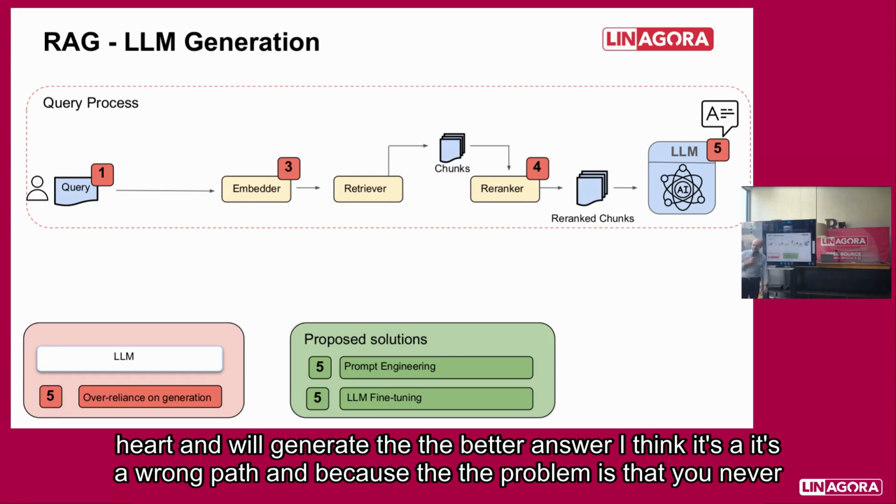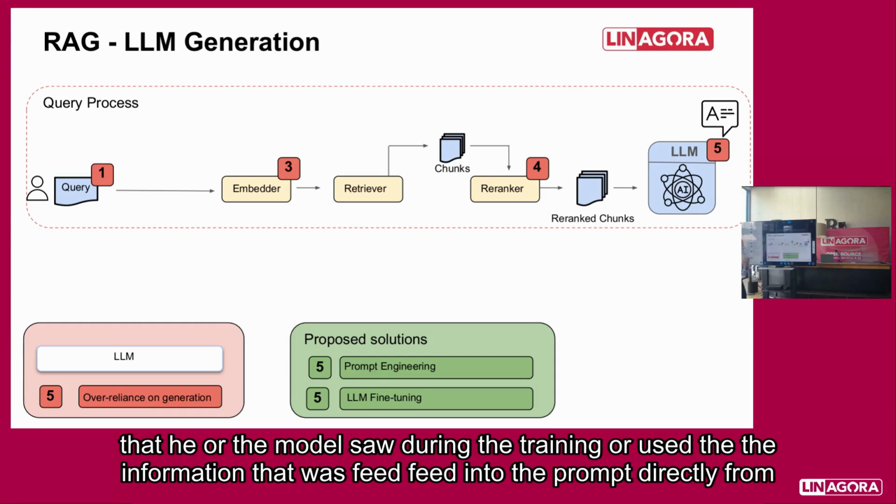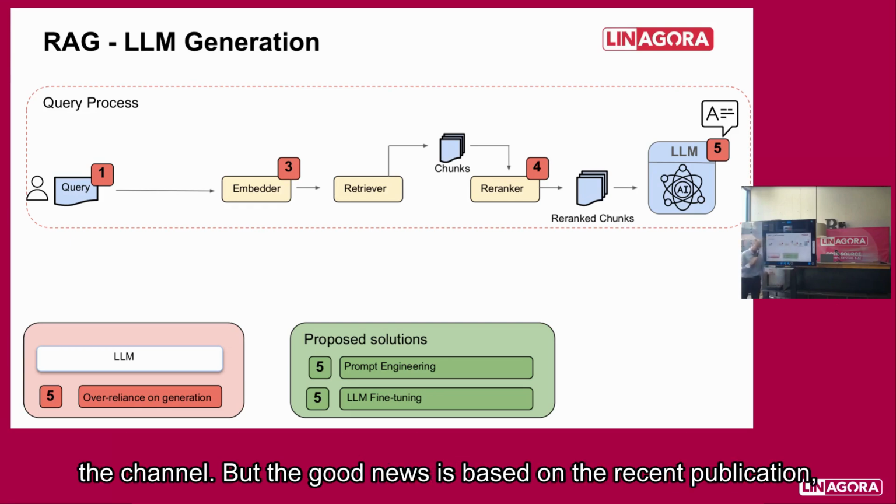I think it's the wrong path, because you never know whether the LLM, when it answers the question, used its prior knowledge that it saw during training, or used the information that was fed into the prompt directly from the chunks.